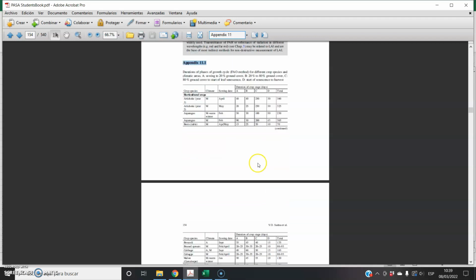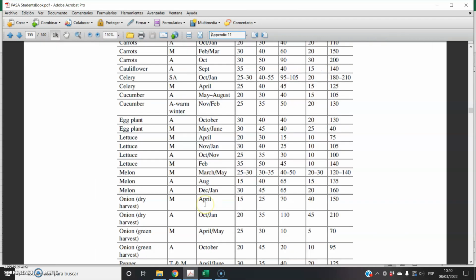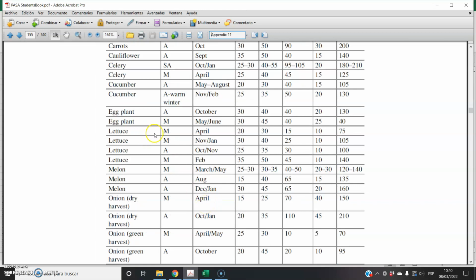In this appendix, you will find a list of crops, and for each crop you will find different durations of the 4 stages of the FAO method. Also, you will see that for each crop, you may have different growing cycles depending on the climate in which the crop is grown.